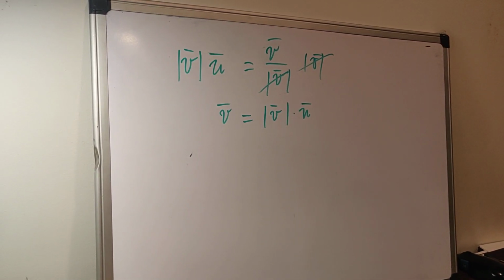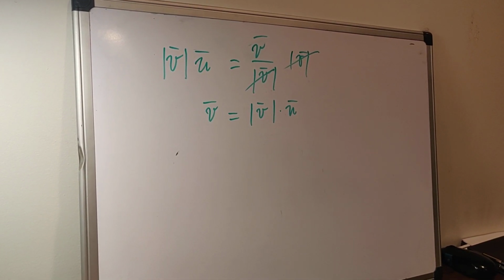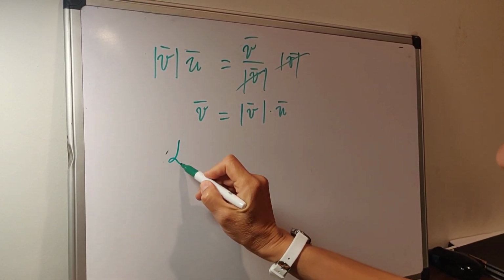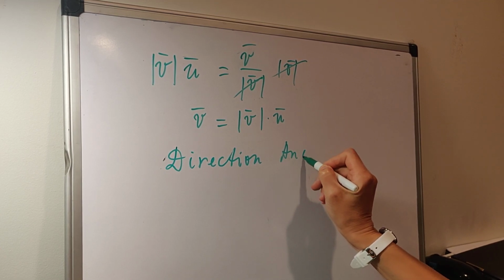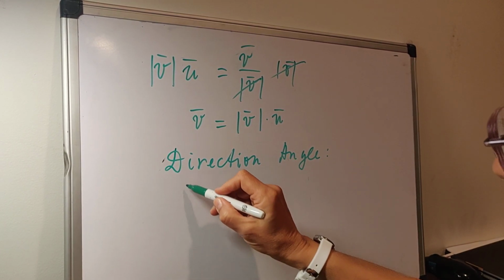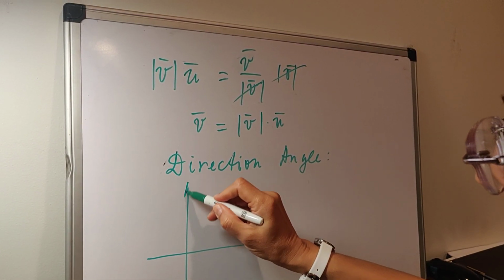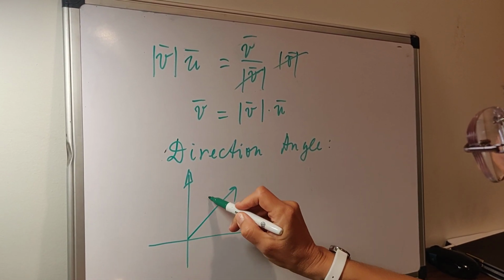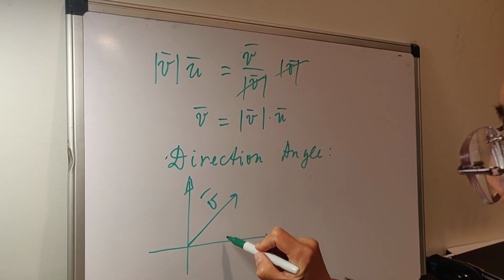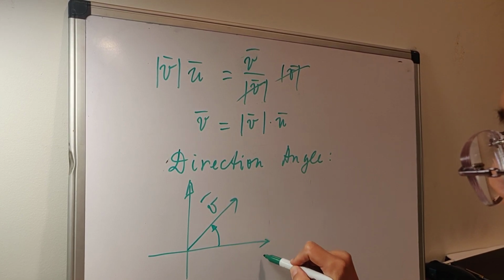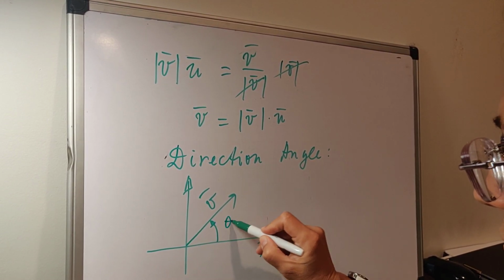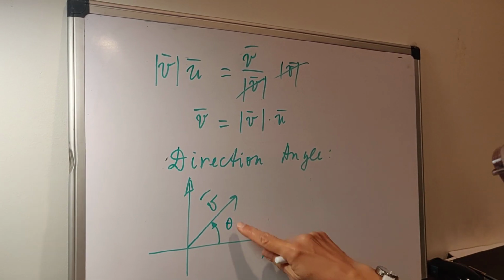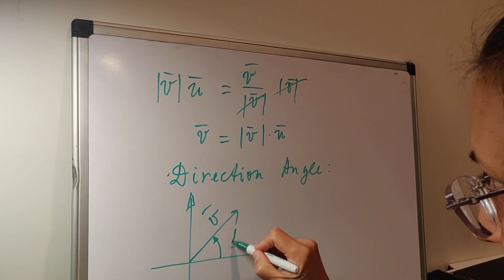Okay? The last thing we are going to learn is called direction angle. What is direction angle? Well, if you graph vector v from the origin, you're going to see that it makes some angle with positive direction of x-axis. Let's call it alpha actually.